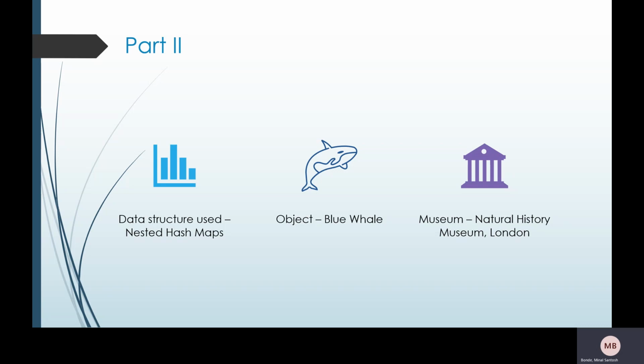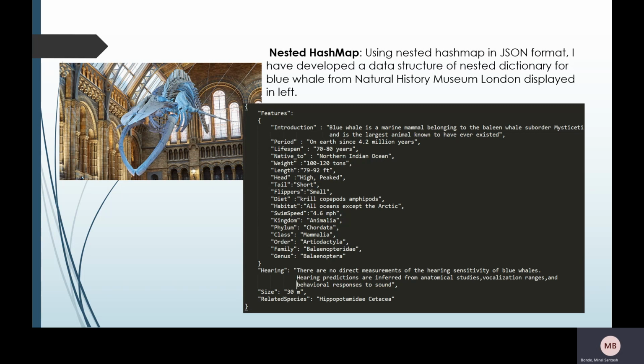On this slide, on the left side you can see the blue whale skeleton, and using the nested hash map in JSON format, I've developed a data structure of nested dictionary for the blue whale and its features. You can see that there are different details like introduction, period, lifespan, and other details. These are features, and other details are captured in nested hash maps.